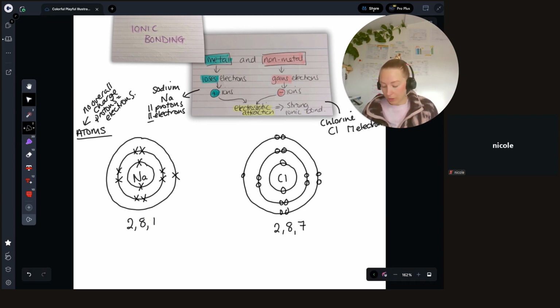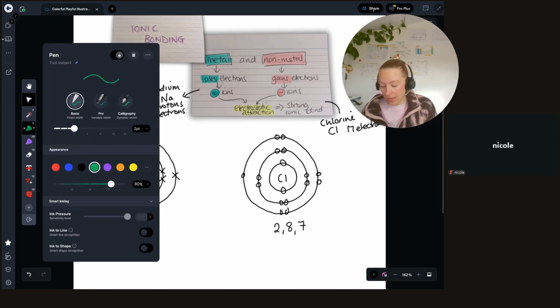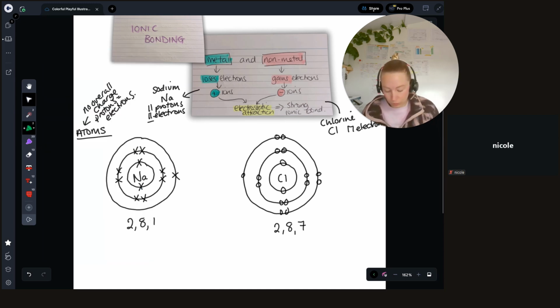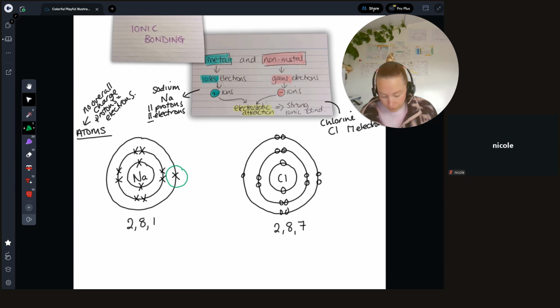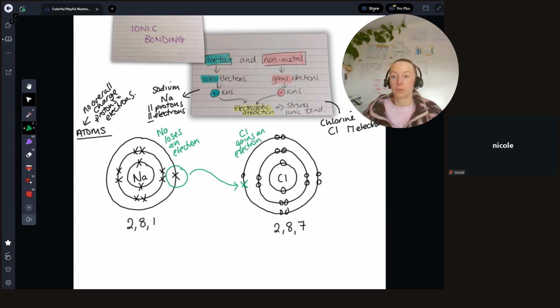So what's going to happen is this metal is going to lose an electron and this non-metal is going to gain that electron. So the sodium loses an electron and the chlorine gains an electron.